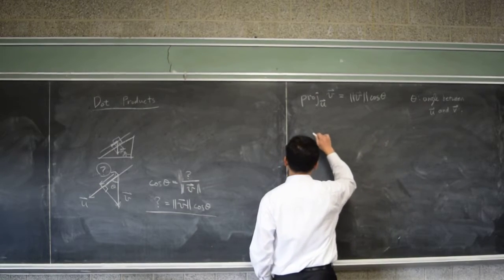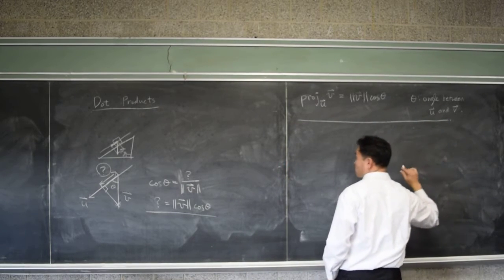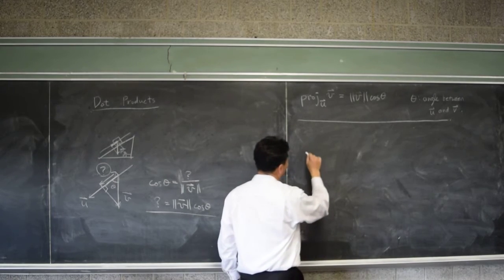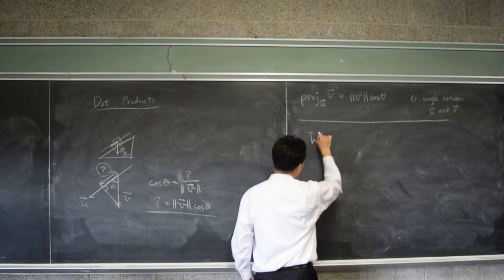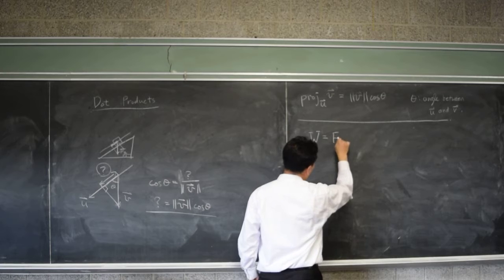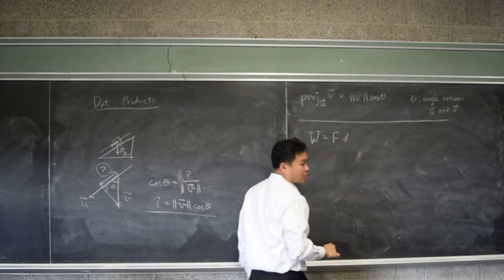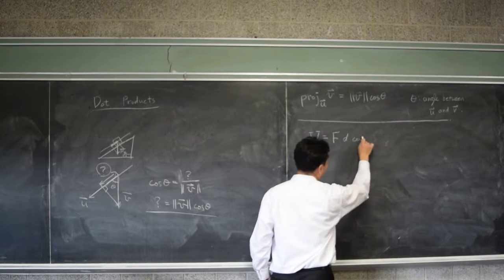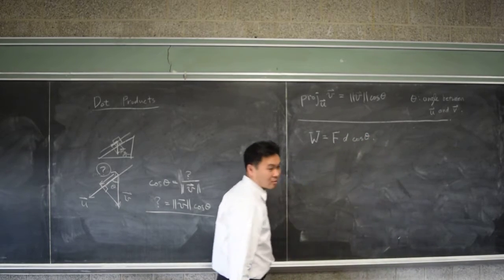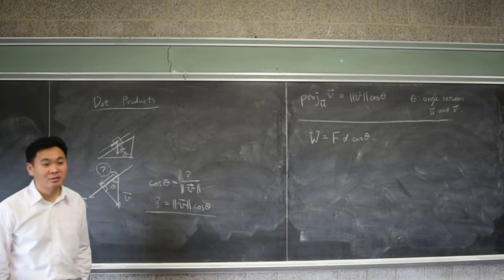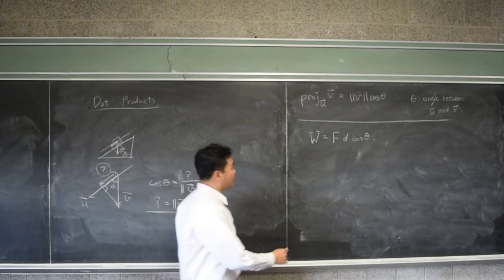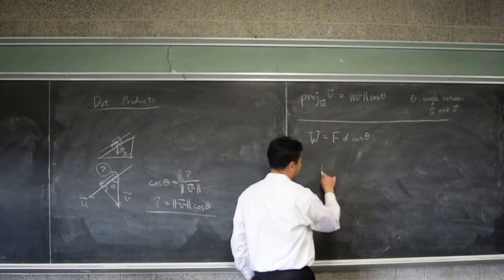So let me show you another formula that you use in physics. Work is force times distance, and you multiply by cosine theta. Have you seen this? Why do you need this cosine theta?